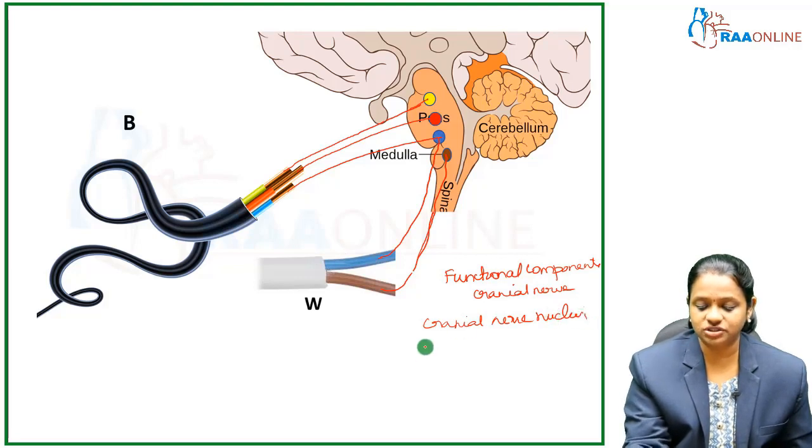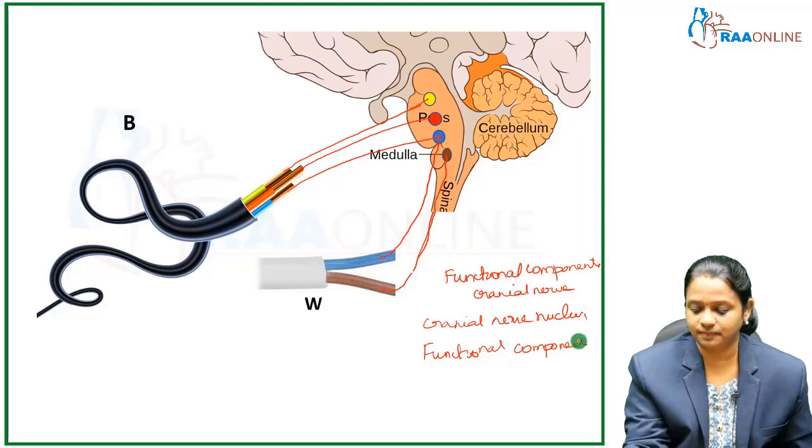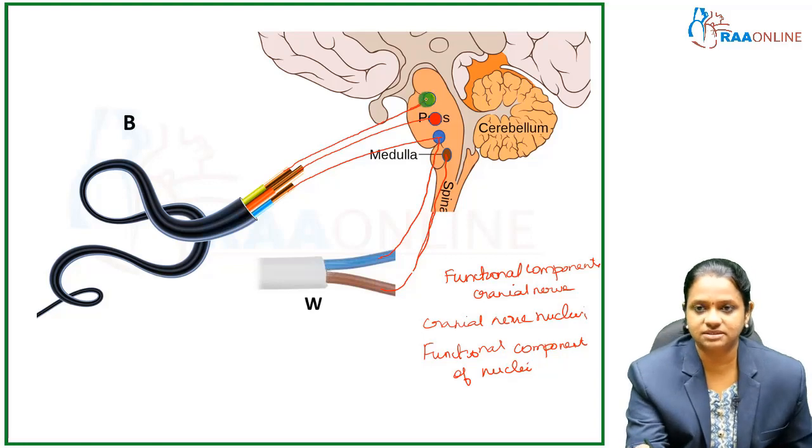Now, what is the functional component of cranial nerve nuclei? Functional component of nuclei. So, this nucleus has only one function, that is the functional component of this nuclei. And this nucleus has only one function, that is the functional component of this nuclei.